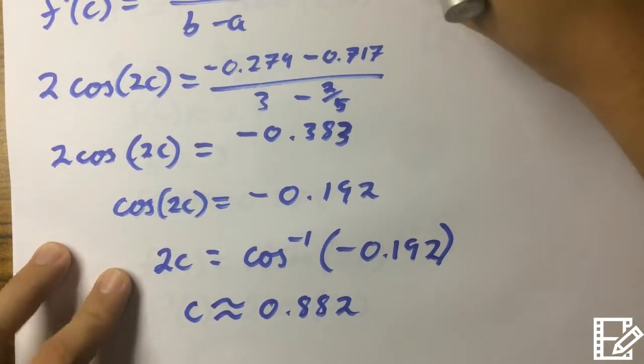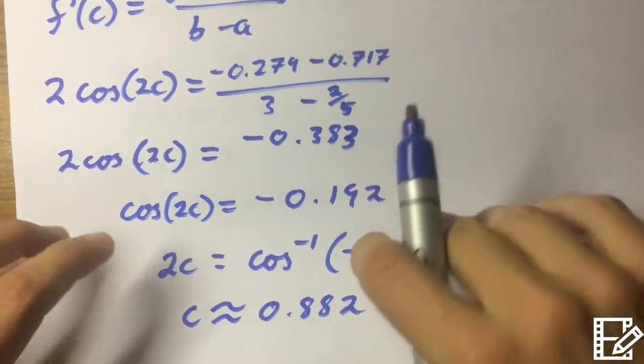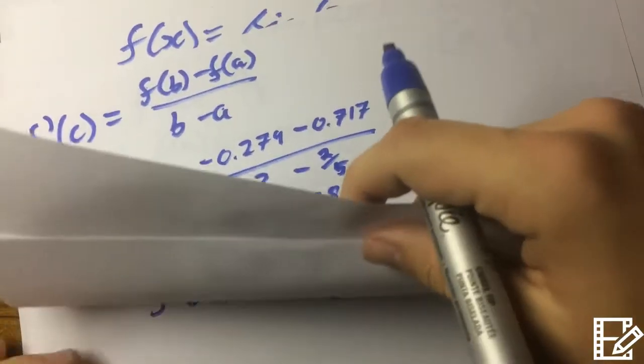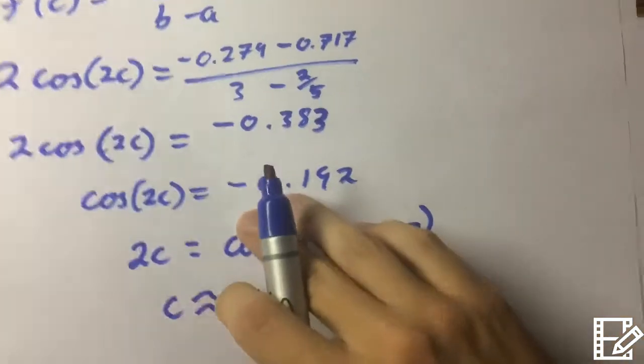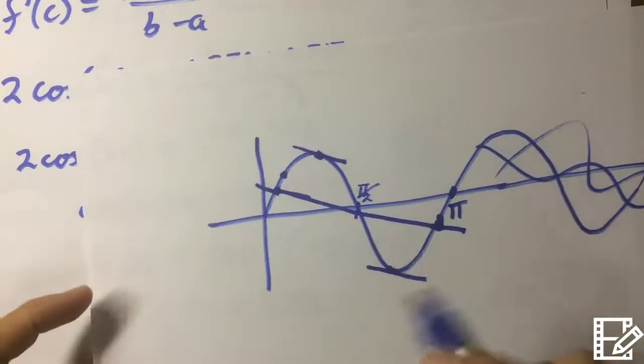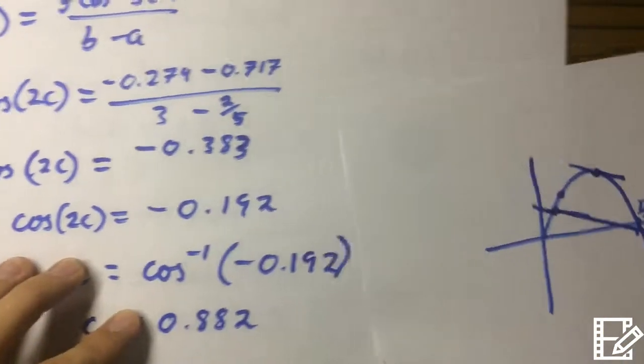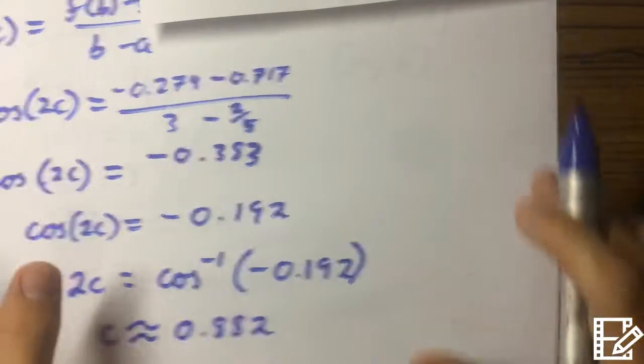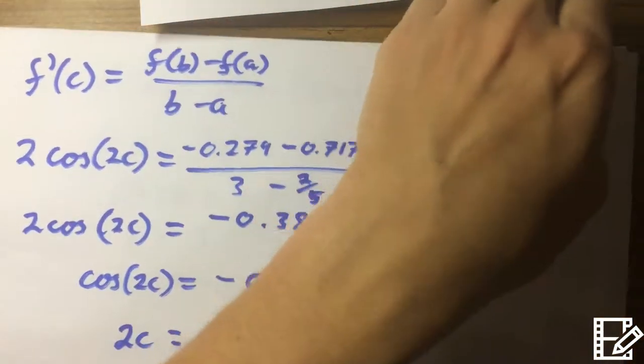Now, if you remember what the function looked like, there's 2 values here, but this only gives us 1, and this is the trick with sine functions.